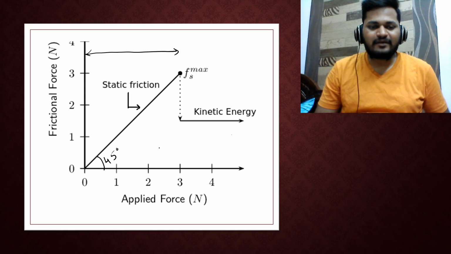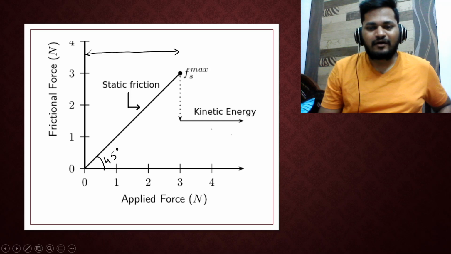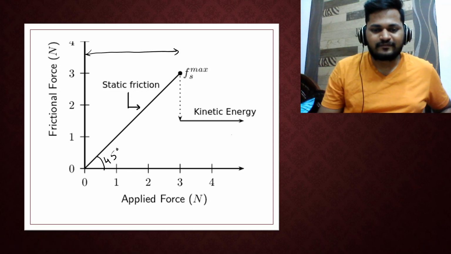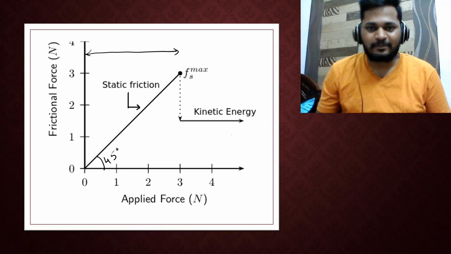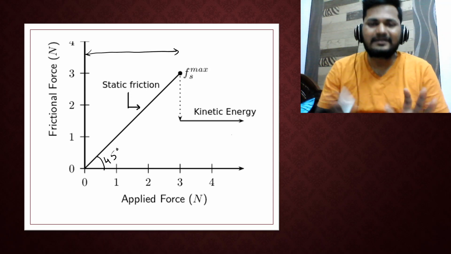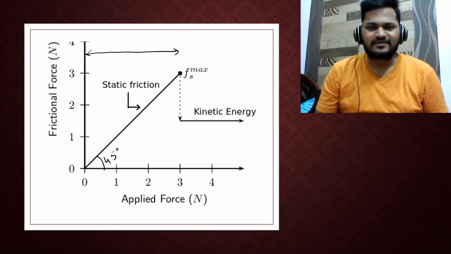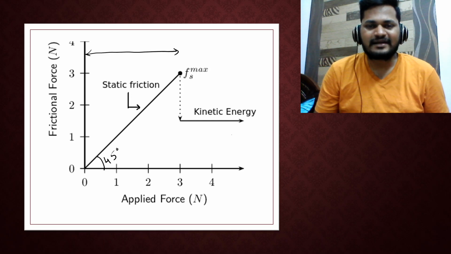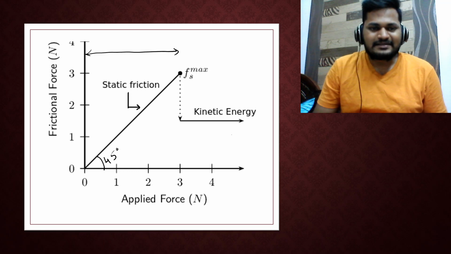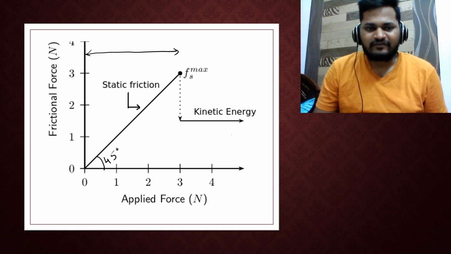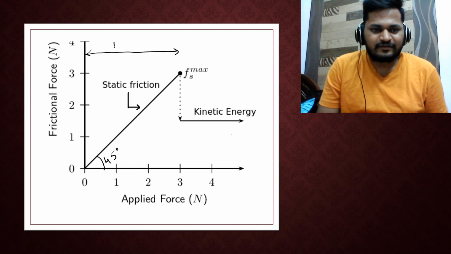The reason being, static friction is equal to the applied force. Whatever value you exert, that much will be the static friction value, because it is self-adjusting in nature. So it should follow the straight line y equals x, a straight line passing through the origin at 45 degrees. So this is when the body is at rest.